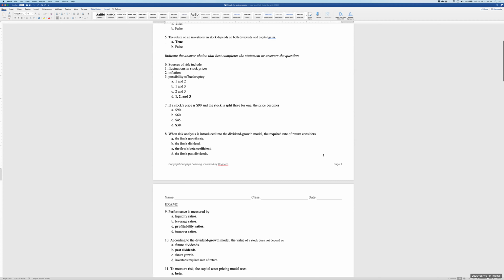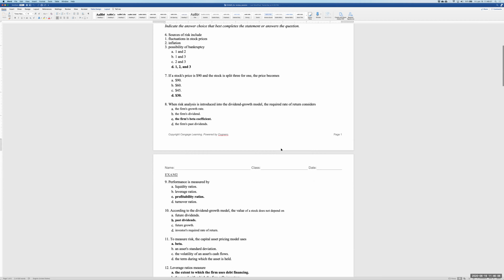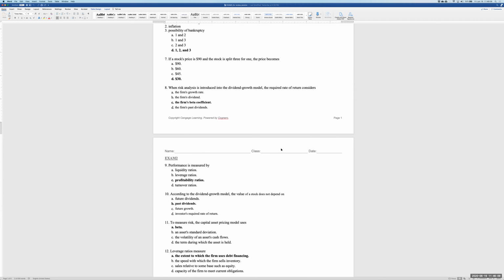Question 7, if a stock price is 90 and the stock is split 3-for-1, the price becomes, so just divide by 3, so you get 30. The answer is 30. Question 8, when risk analysis is introduced into the dividend growth model, the required rate of return considers the growth rate, dividend, beta coefficient, and past dividends.